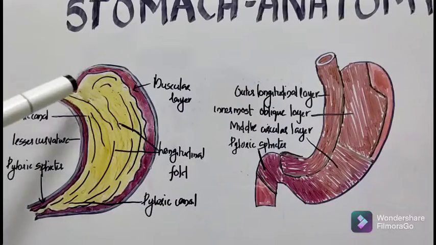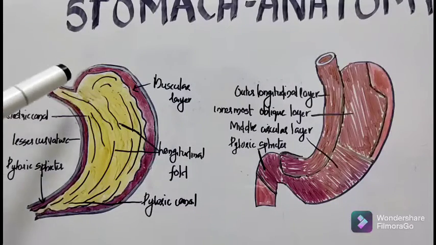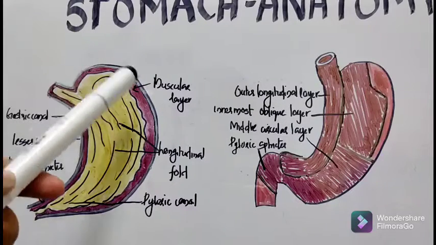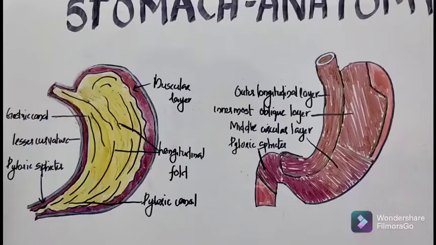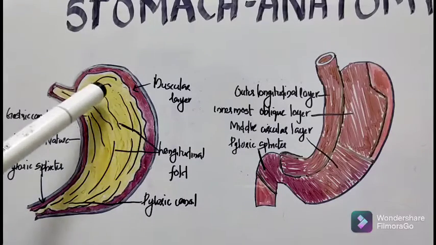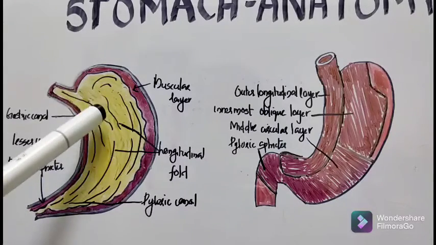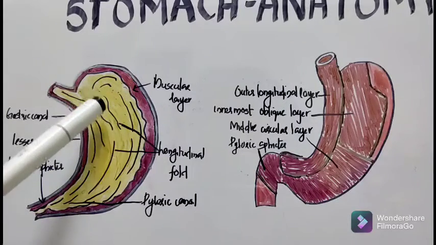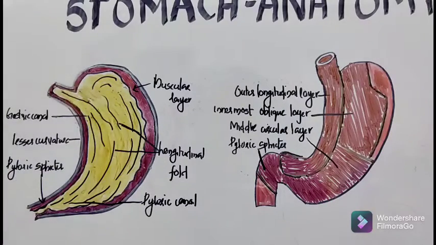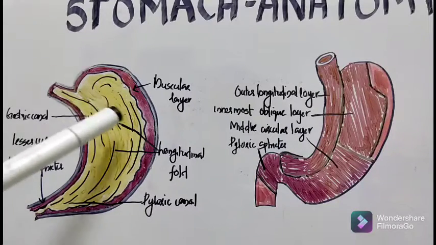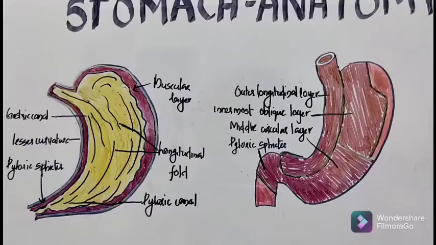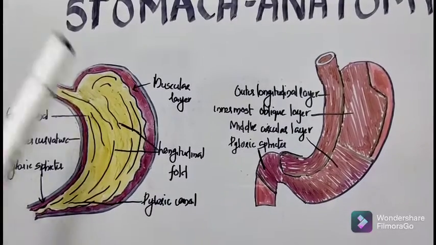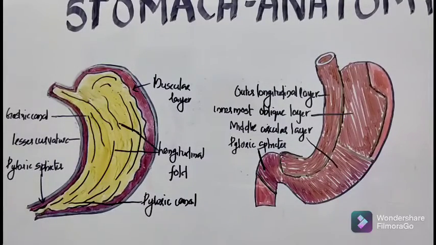There are also small pits within the mucosa called gastric pits, and the gastric glands open into the gastric pits. In a distended stomach, the rugae are flattened.